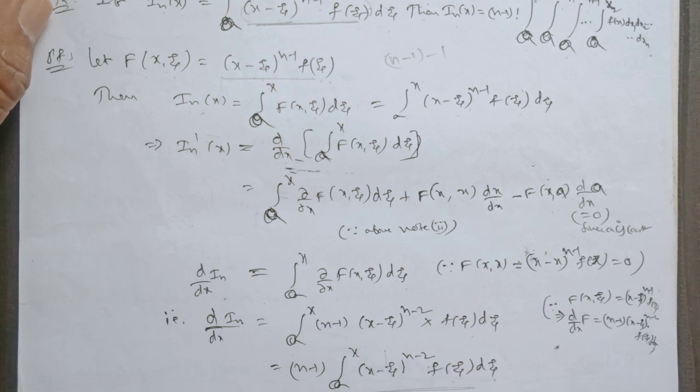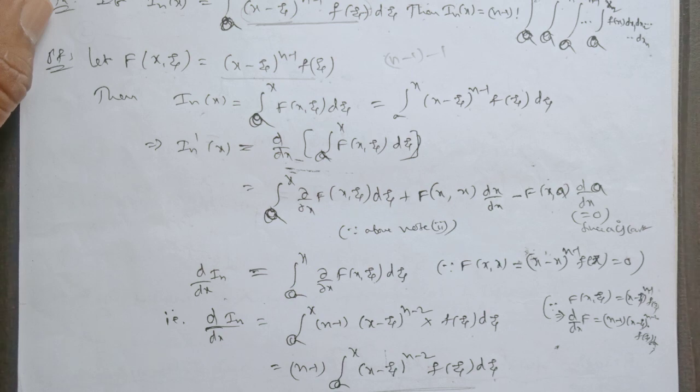So again differentiating this, the first differentiation is n minus 1 into I_(n minus 1) of x. Again differentiating this, we get n minus 1 into n minus 2 into I_(n minus 2) of x. Differentiating n times, we get n minus 1, n minus 2, n minus 3 and so on, 2, 1, that is n minus 1 factorial into I_1(x).